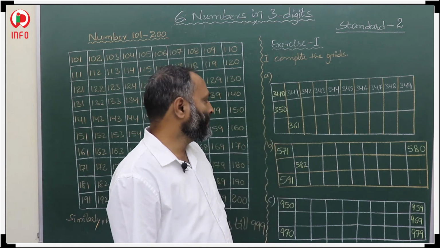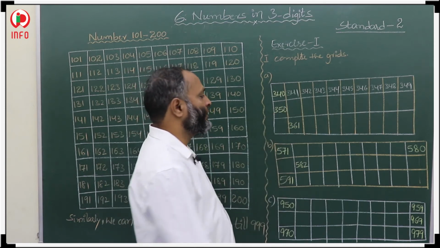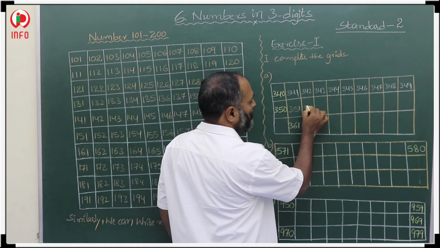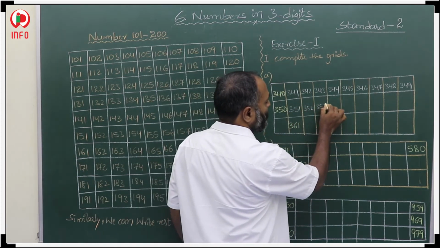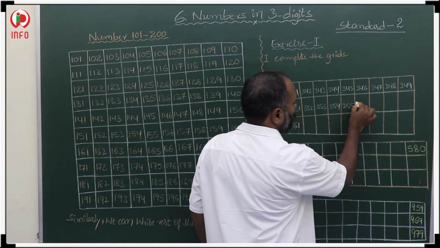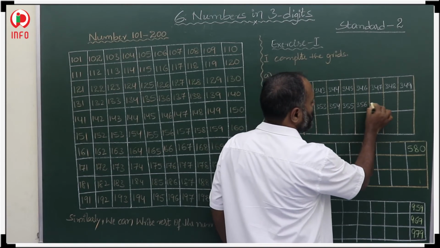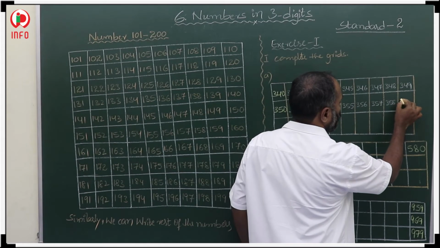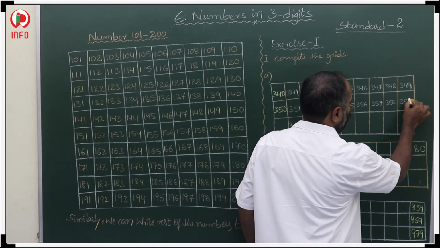Here 350, after that 351, 352, 353, 354, 355, 356, 357, 358, 359.